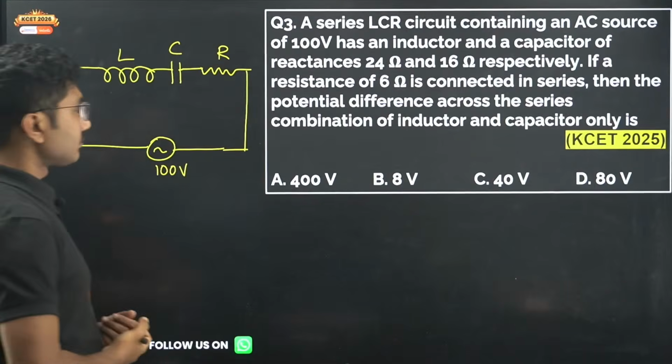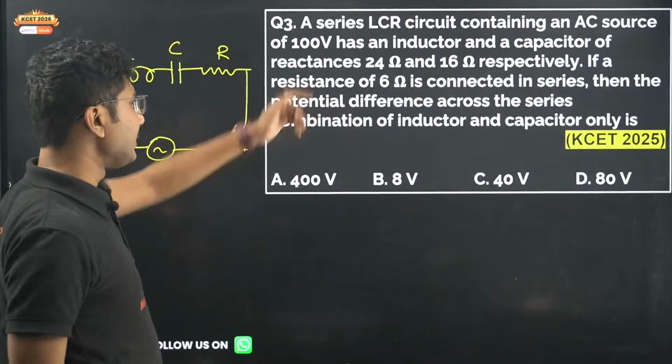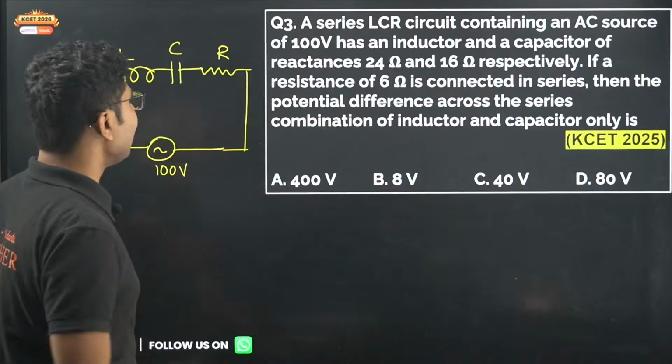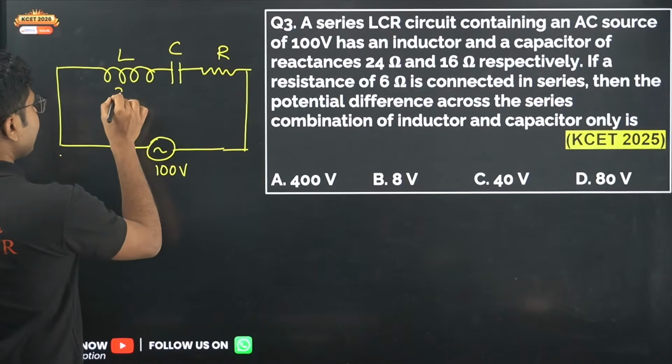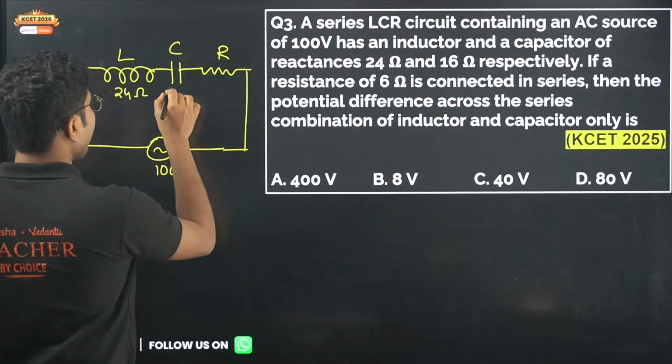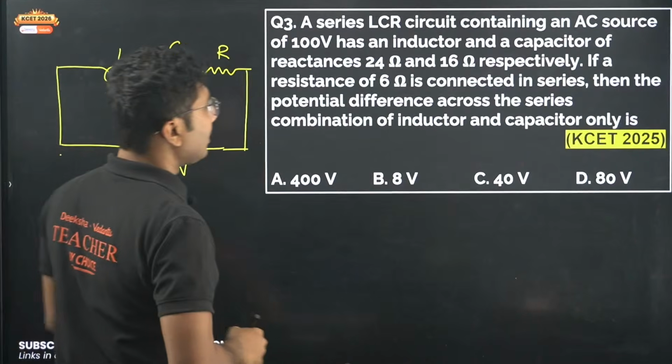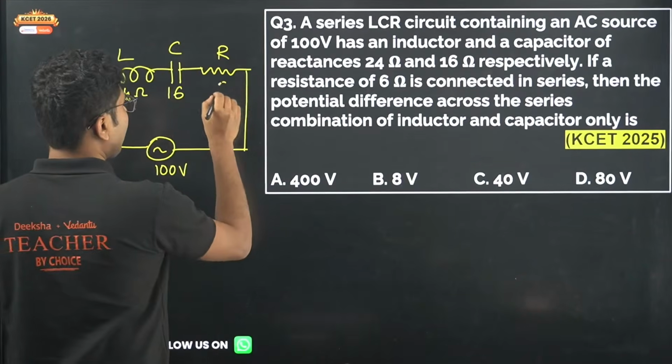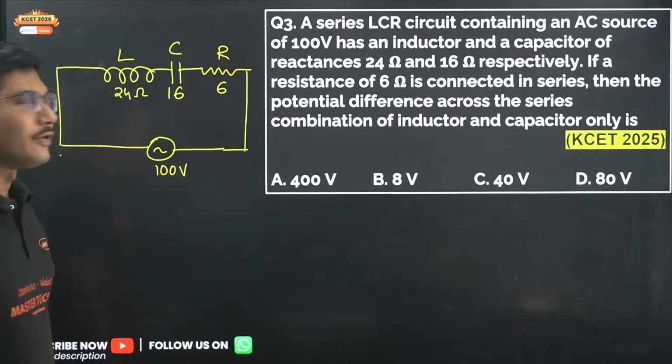Now frequency is not given, but what they have given is the value of the reactances. This is 24, this is 16, and this one is 6. So these values are already given to you.